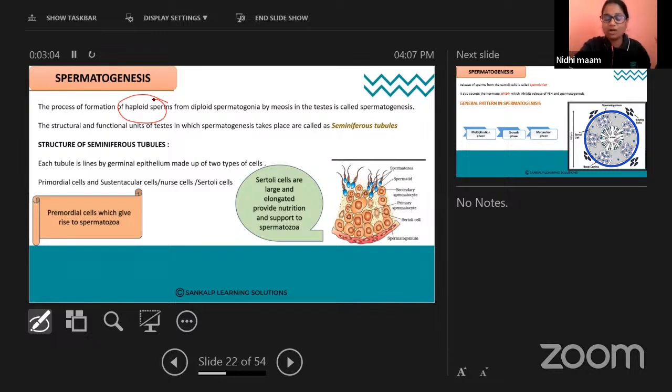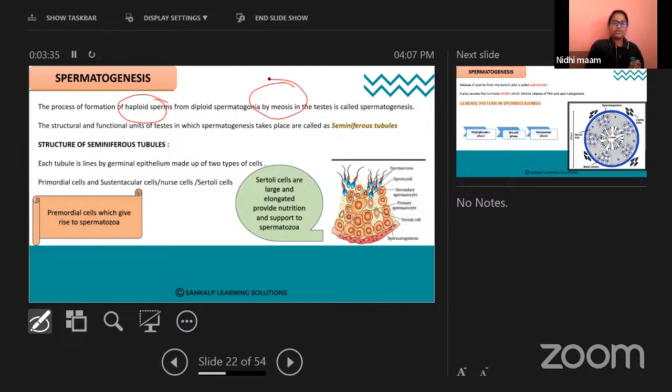In plants we called it the pollen mother cell or microspore mother cell. Similarly, spermatogonia can be considered the sperm mother cell, the cell which gives rise to sperm by undergoing meiosis. So this process is called spermatogenesis.